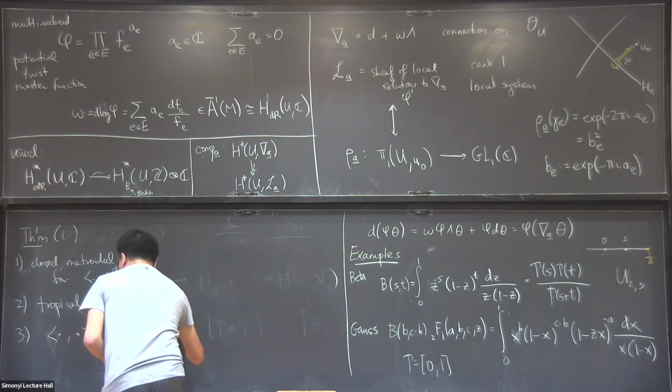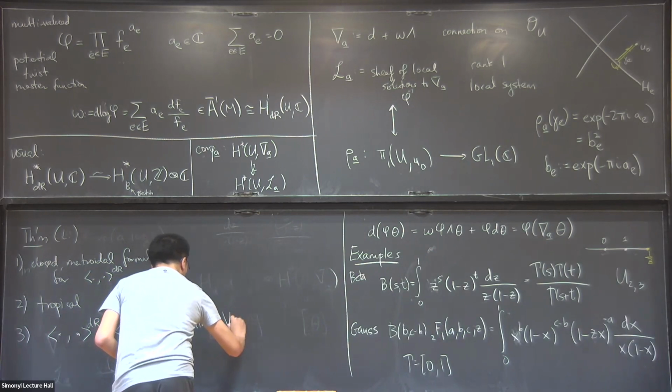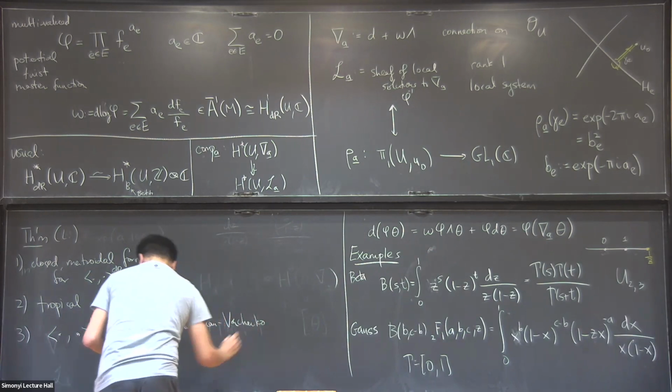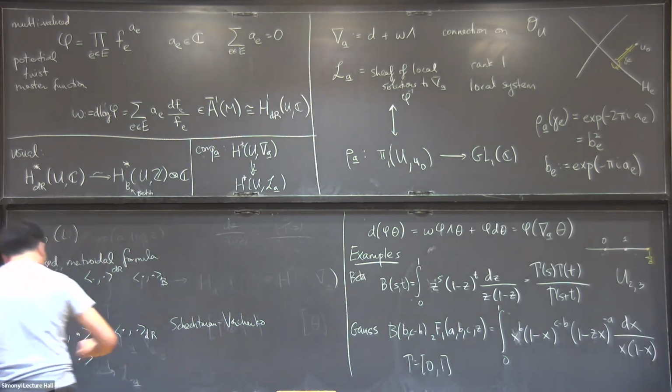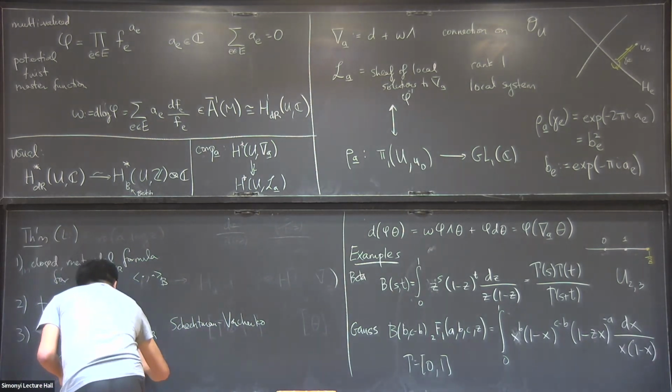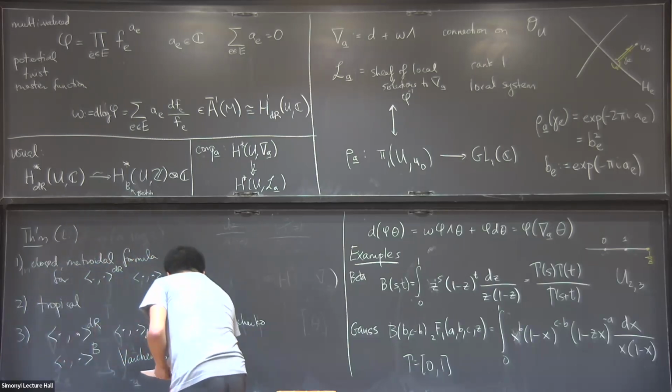They're very close to things studied by Schechtman and Varchenko. This one is very close to something studied by Varchenko. There's another one, and then I have some new formula that seems to be new.